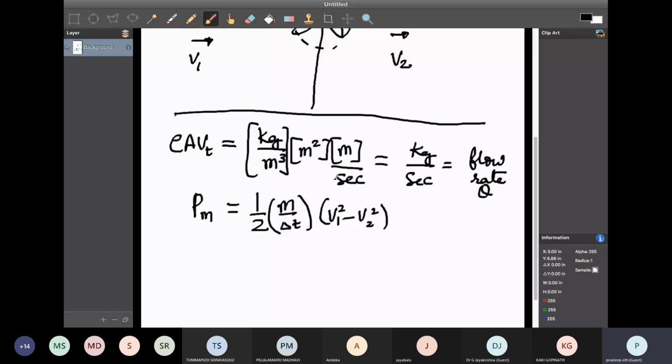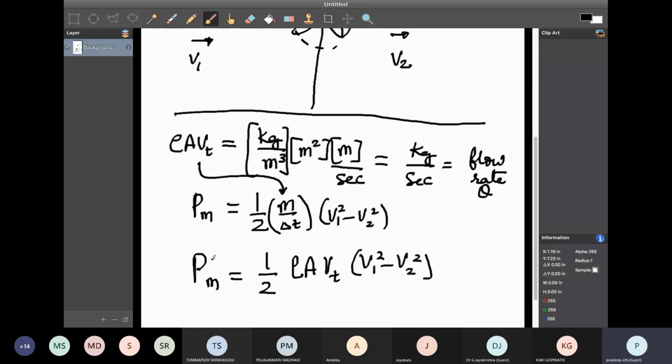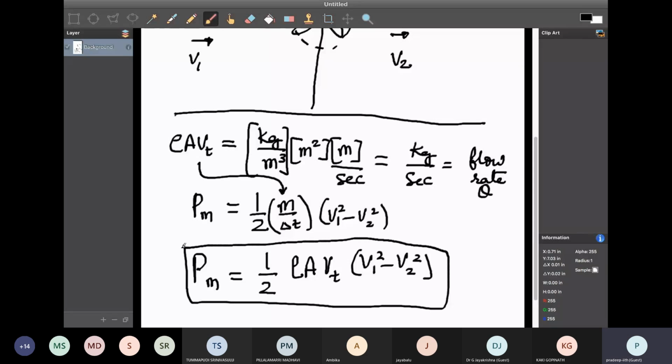Now if I substitute, this flow rate is nothing but m by delta t. So this one can be substituted here. So finally I'll get mechanical power is half into rho A Vt into V1 square minus V2 square. Now I have eliminated the m from this particular equation. So let's call this equation 1. So the mechanical power is like this.